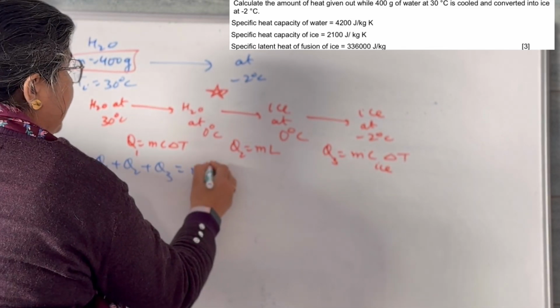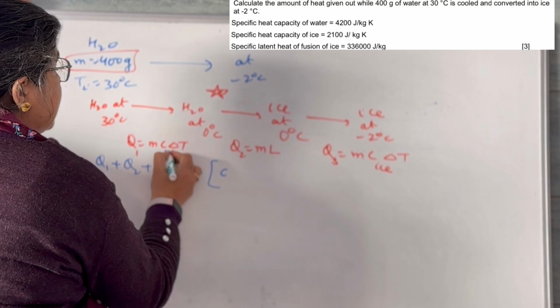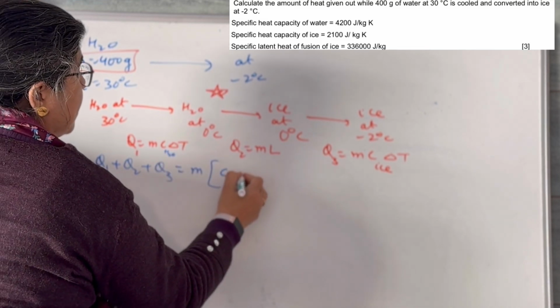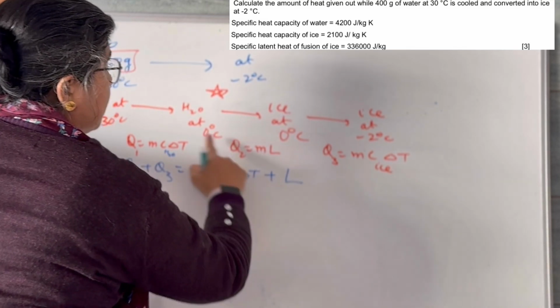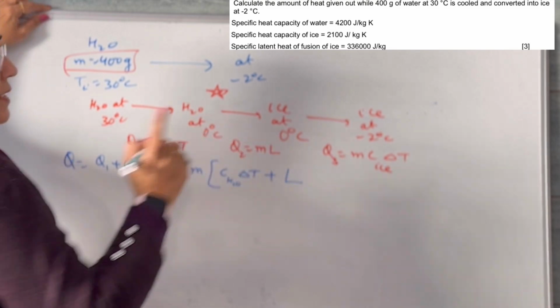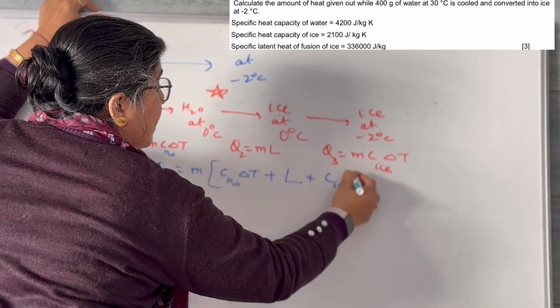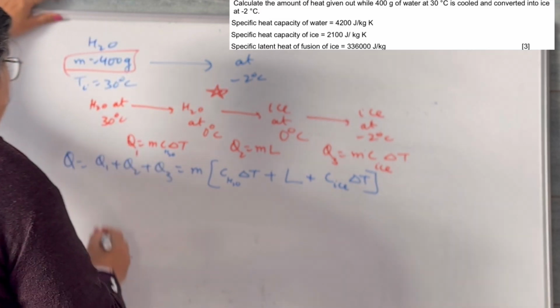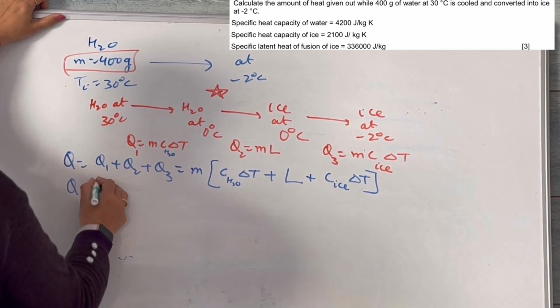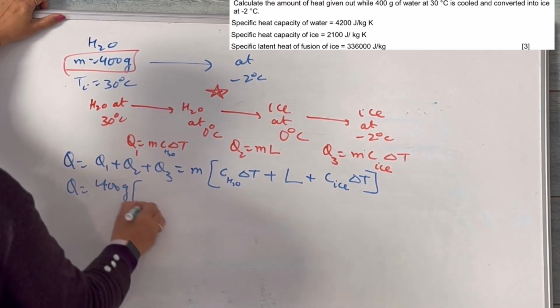So mass I can take as common. This is C of water, delta T, plus when water converts to ice, that is latent heat, mL, plus ice getting cooler. So how much is Q? Mass is 400 grams.